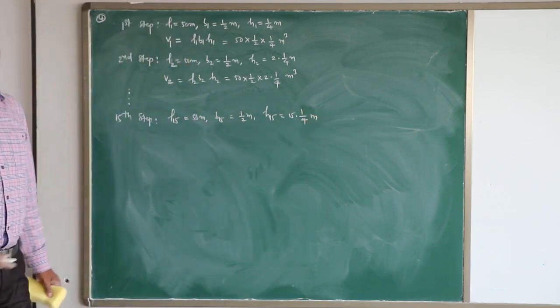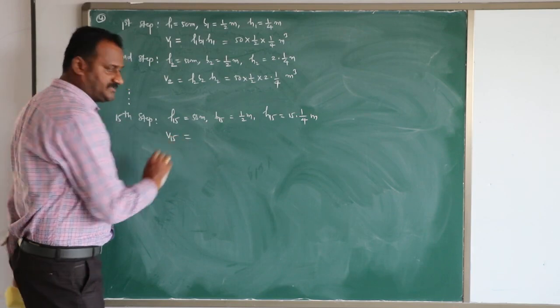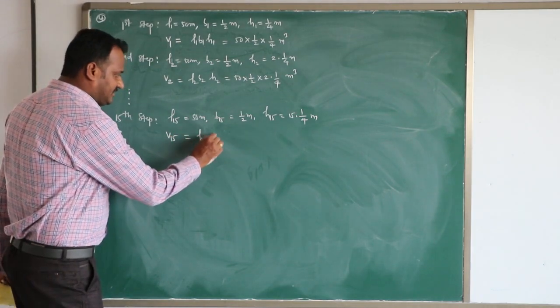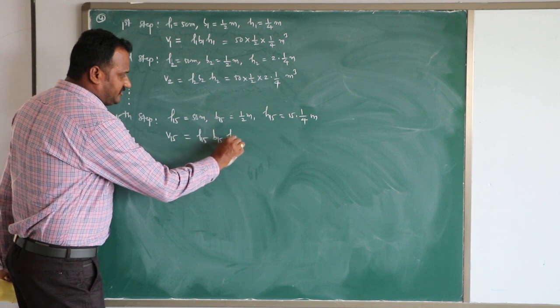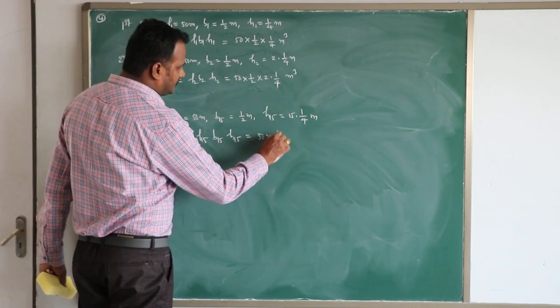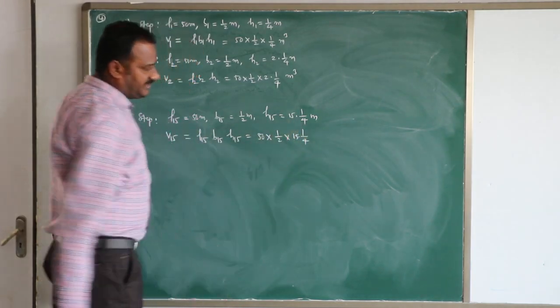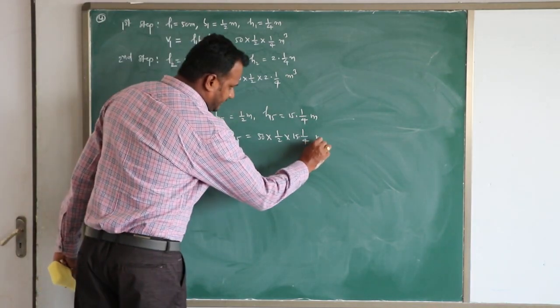With the help of these measurements, we can find the volume of the 15th step. So volume of the 15th step is equal to L15 into B15 into H15, which is equal to 50 into half into 15 times 1/4 meter cube.